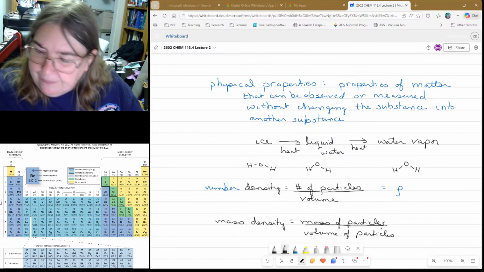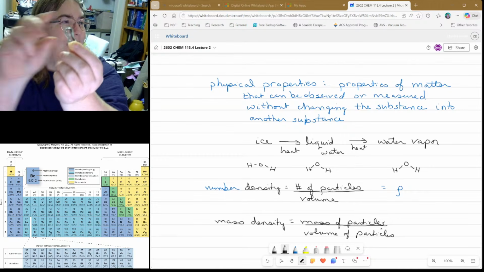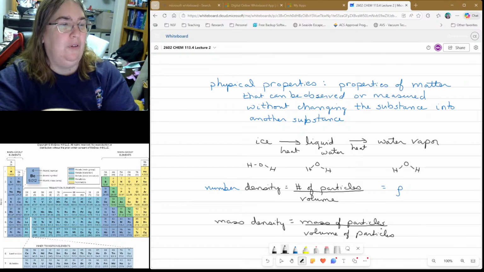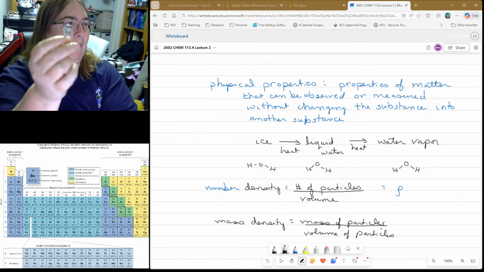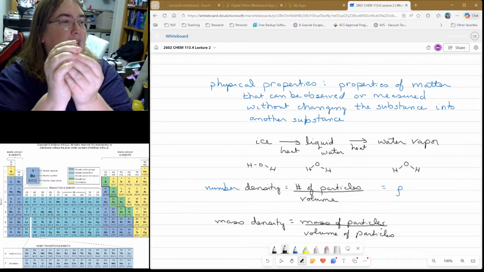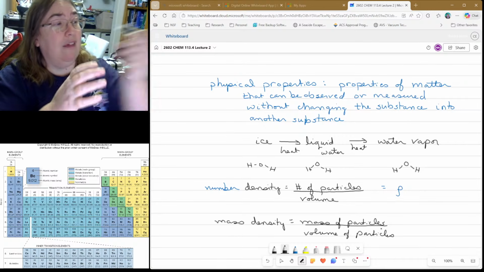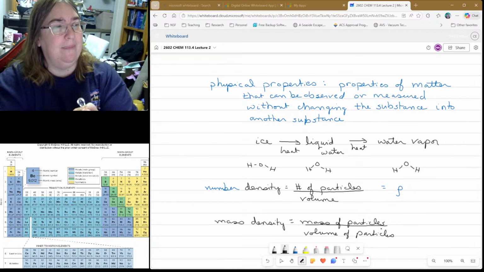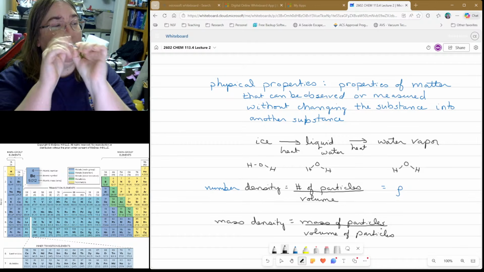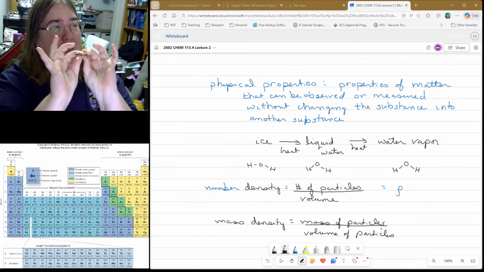This is a little piece of glass. It's the holder for my glass fountain pen that I use when I'm writing notes. This little piece of glass has a volume. I don't know what it is, but it has a volume. And if I weigh it, I would know its mass. And then I could define the density of this piece of glass as the mass of this piece of glass divided by the volume of this piece of glass.